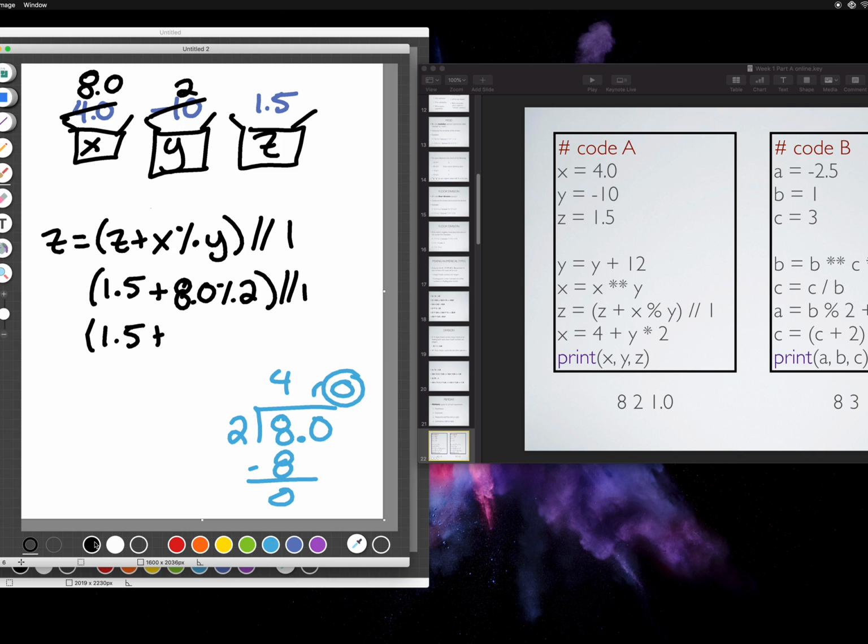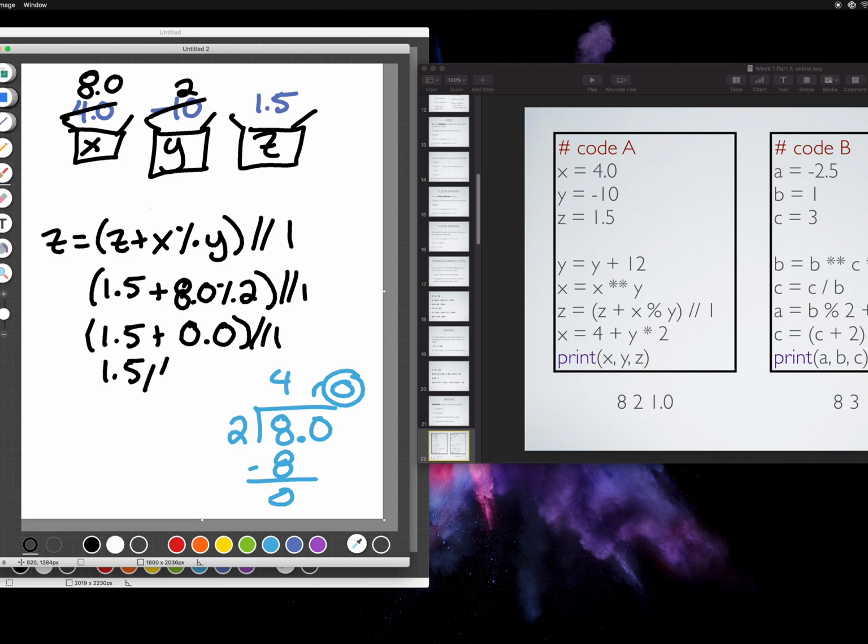Alright, let's continue with the rest of the math here. So again, let's finish off these parentheses first. So here we get 1.5, right? 1.5 plus 0.0. We're going to get a floating point back. And then we finally do this floor division. Alright, so again, the rule of floor division is you do the division.